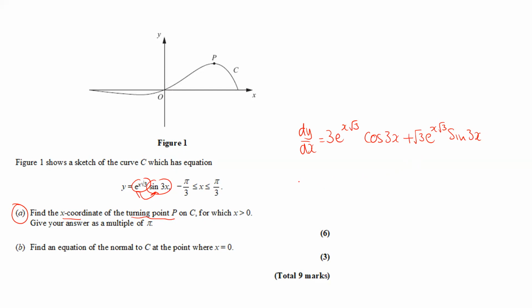Yeah. Okay, now at a turning point, so at TP, dy by dx is equal to 0. So what can we do now, Georgie? Any ideas what to do here?